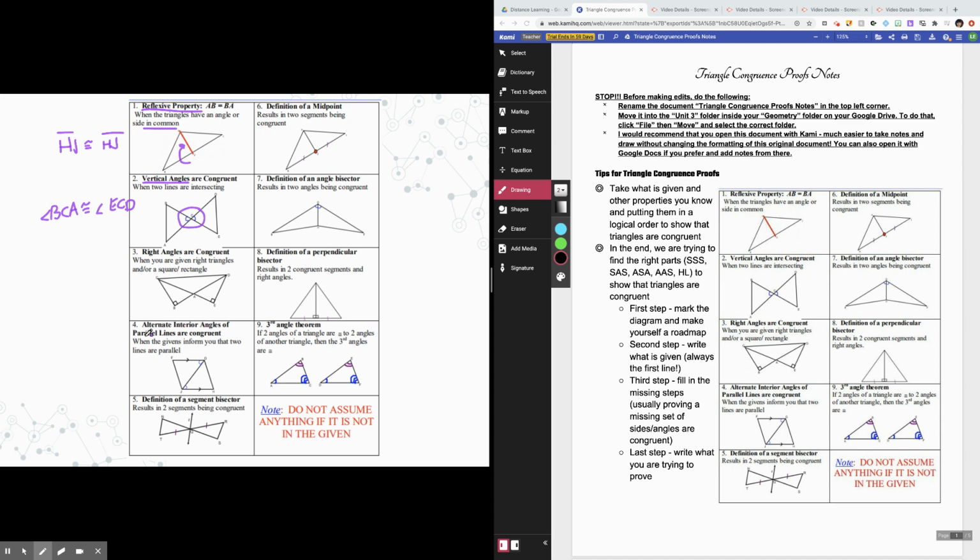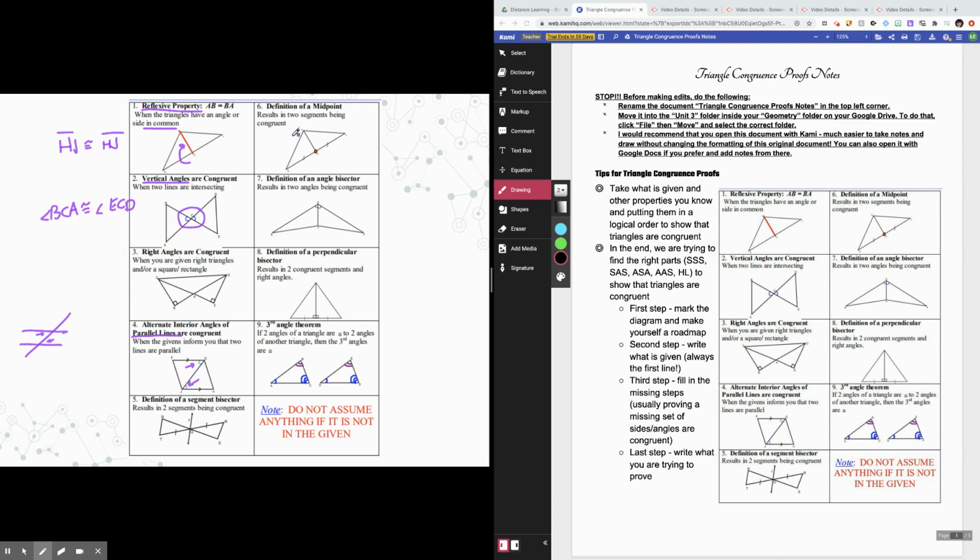Dealing with parallel lines, we often get alternate interior angles. If you remember those, from when we would draw parallel lines cut by a transversal, then you'd have the alternate interior angles. That's a really common one, and that's going to give you a set of congruent angles.